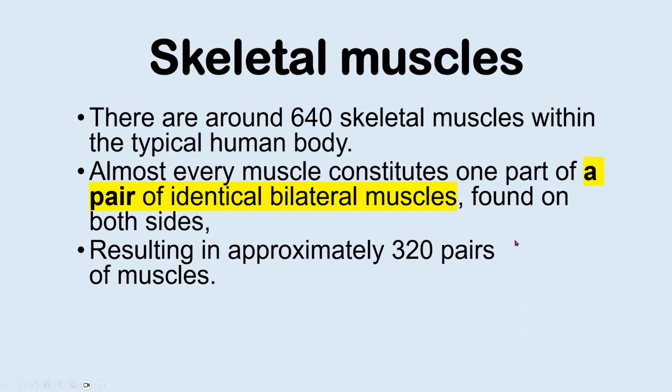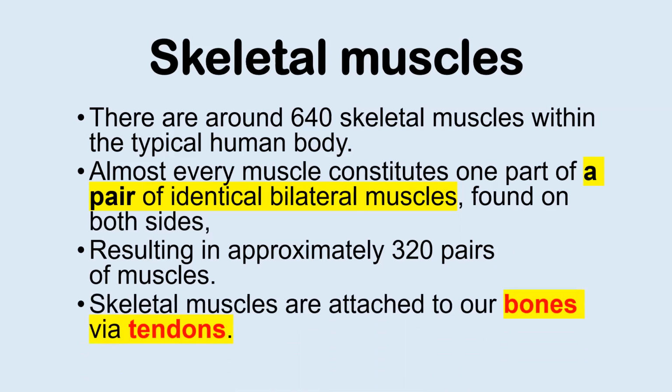And then we have the identical bilateral. So if you've got something on the right side of the body, you've got the same sort of thing on the left. So it's much the same.